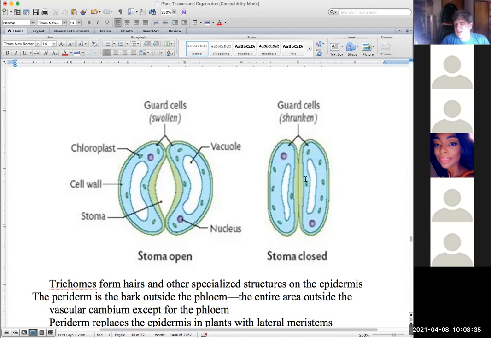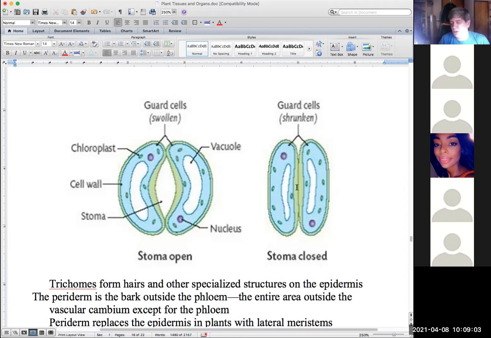Now, if the plant starts to run low on water, what happens? Well, when plants run low on water, usually the first part of the plant cell that loses water is the central vacuole. So the central vacuole loses water and shrinks. That water goes into the cytoplasm. That water can leave the guard cell, but even if it stays in, the cell is smaller now.